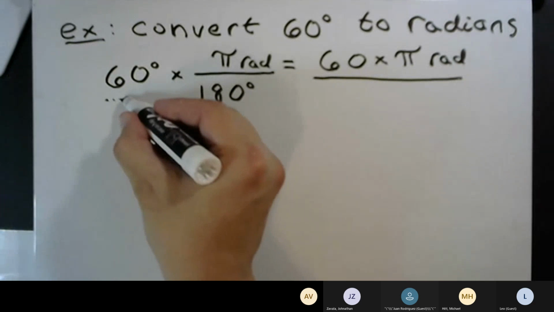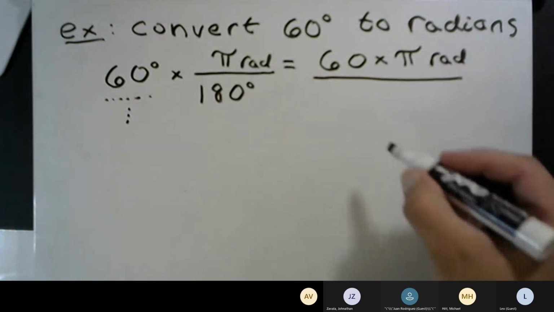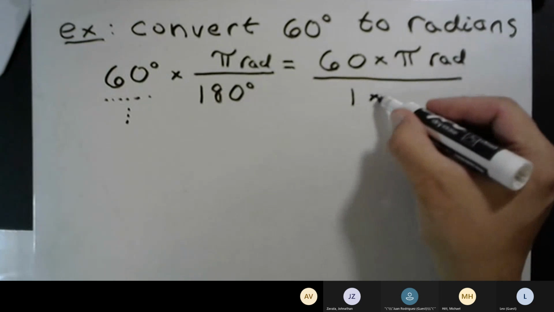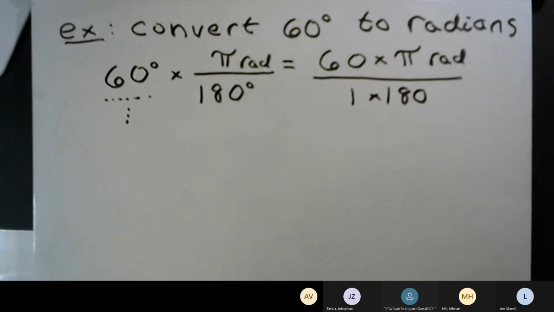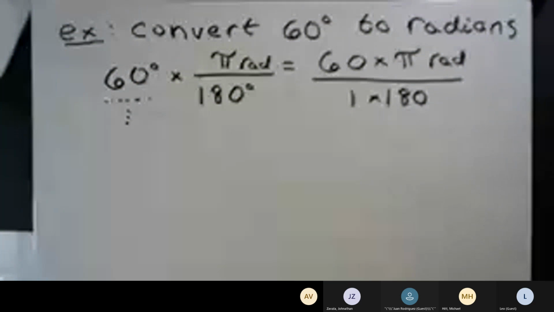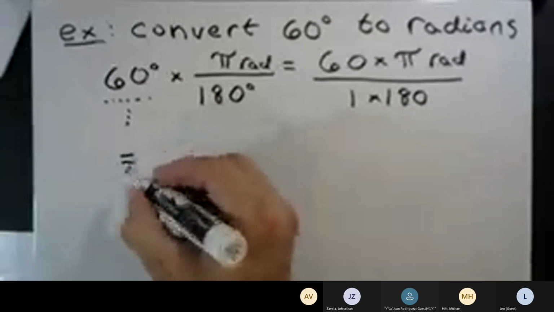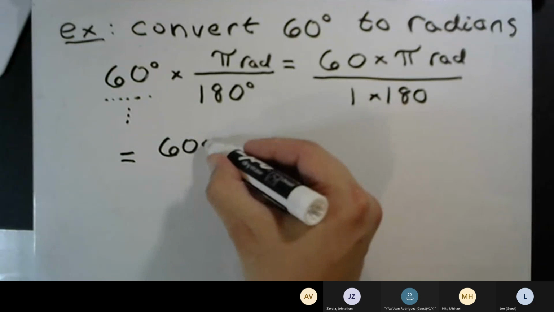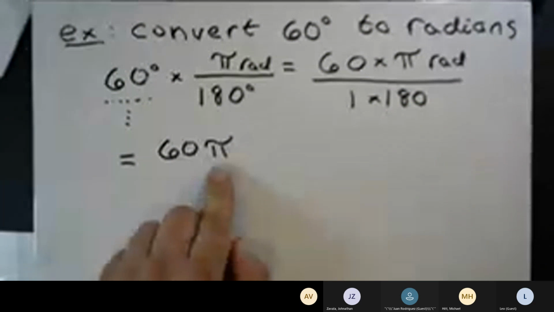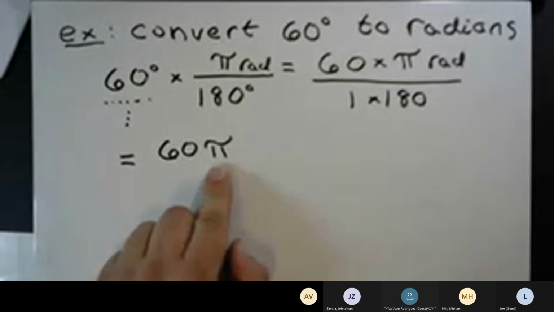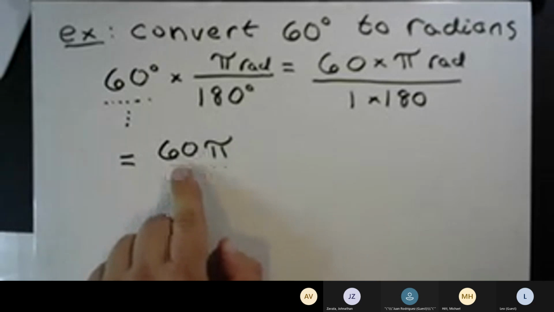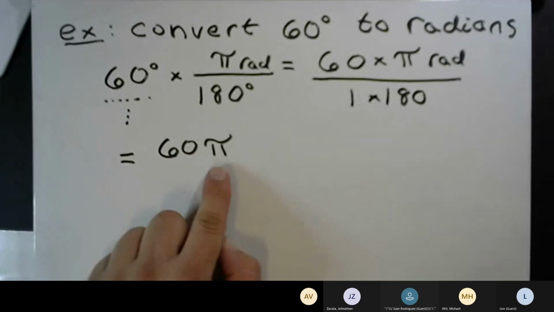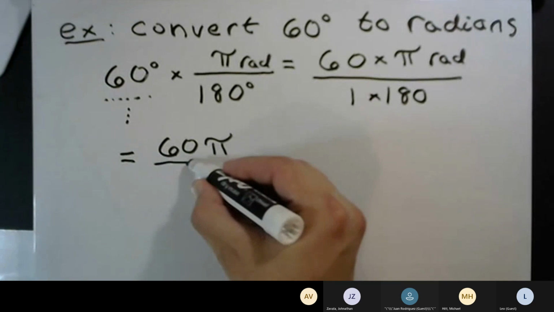And of course, there's that little invisible one here, that's always going to be there, our invisible one times 180. And the degrees are going to cancel. We're going to lose those. So you have 60 pi. Now, pi is like the square root of 2. When you have an irrational number represented with a symbol placed next to a number, that algebra shortcut means multiplication.